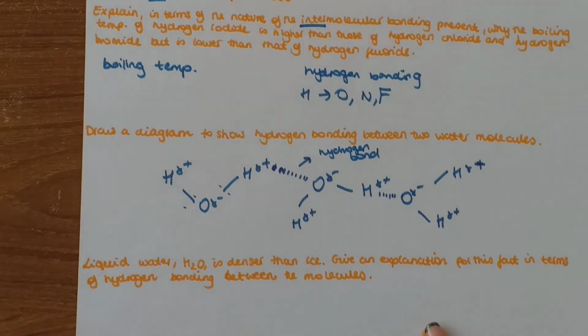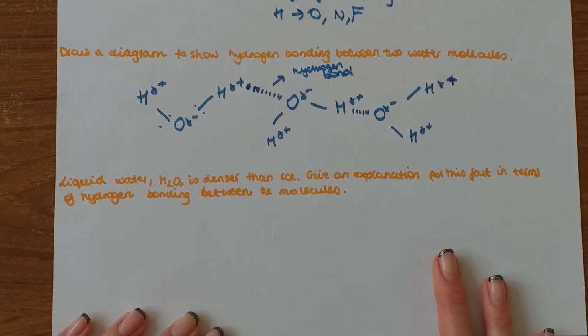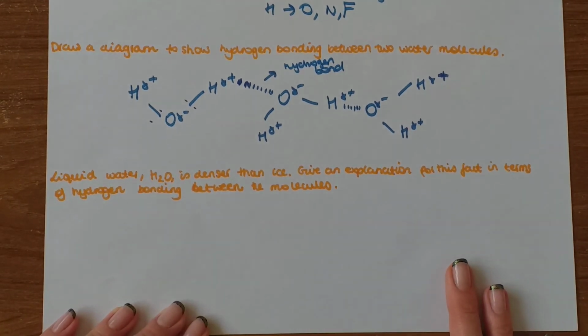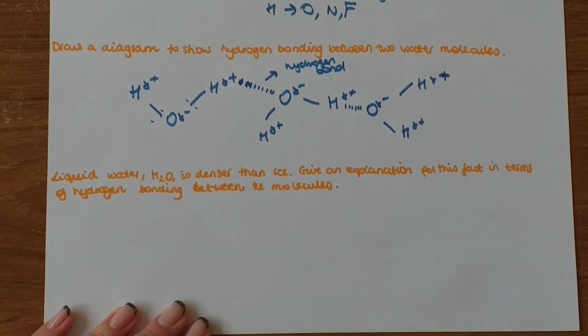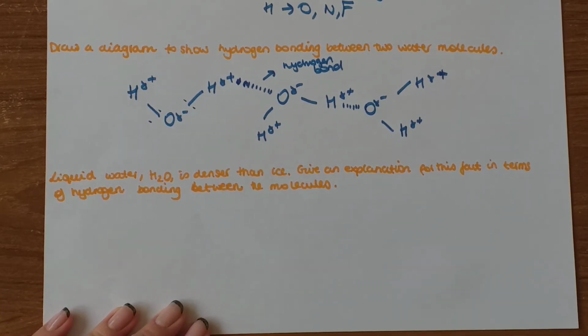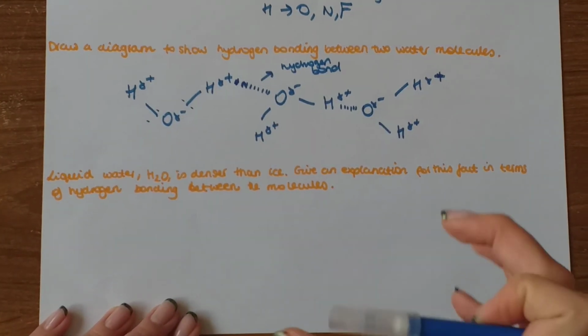And the last question. Liquid water, H2O, is denser than ice. Give an explanation for this fact in terms of hydrogen bonding between the molecules. So, hydrogen bonds hold the water molecules together, as in this example. They hold it together.